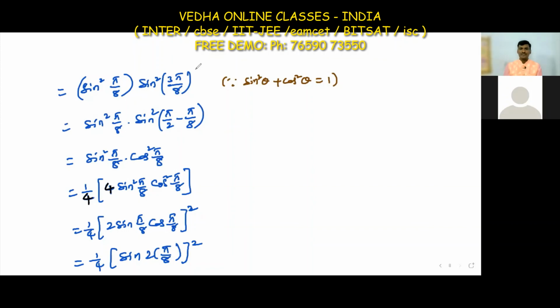Which formula are we applying here? Here I am applying the sin 2 theta formula. Sin 2 theta is 2 sin theta into cos theta. Now we can cancel the 2 table.